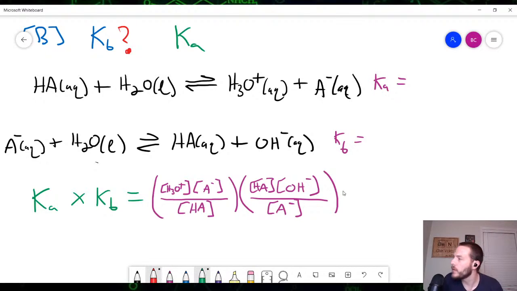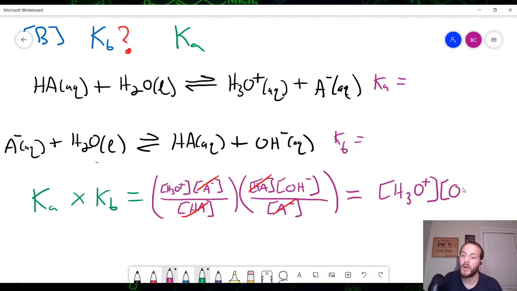Then notice that some things in this expression, Ka times Kb, start to cancel. A minus cancels with A minus. HA cancels with HA. So what we're left with is that the product of Ka and Kb is simply the hydronium concentration, H3O plus, times the hydroxide concentration, OH minus.